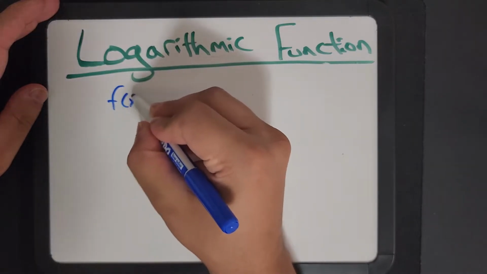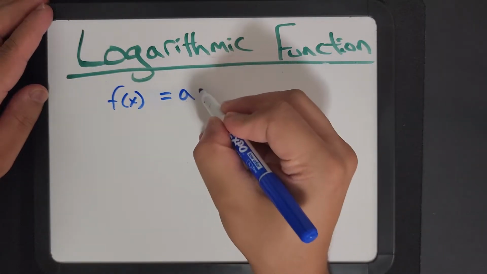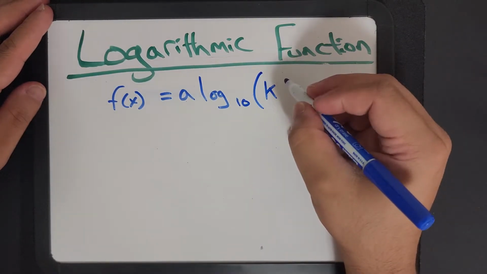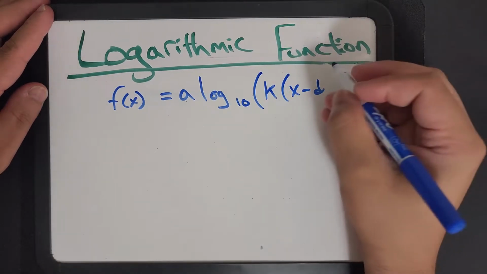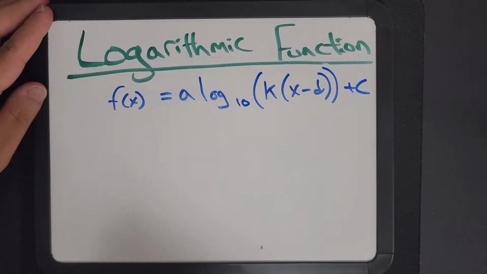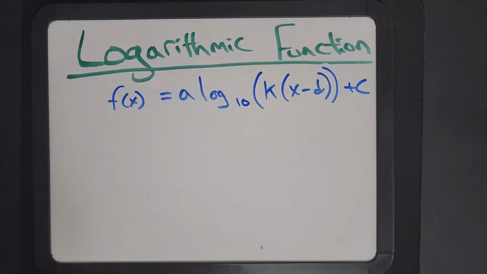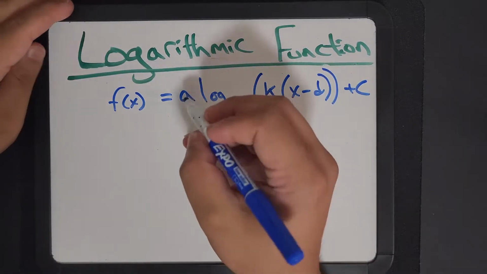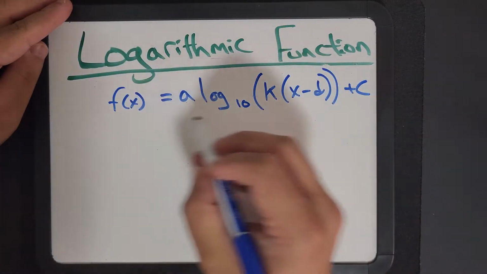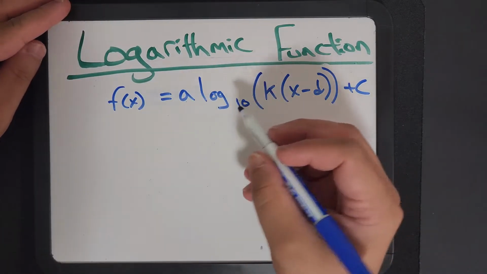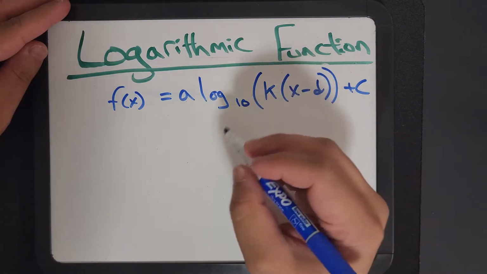Let's say we have a function of x. This is the full form, and there you have it. These values that you see here are not much different than when we were doing transformations to the parabolic functions, or parabola, or quadratics.